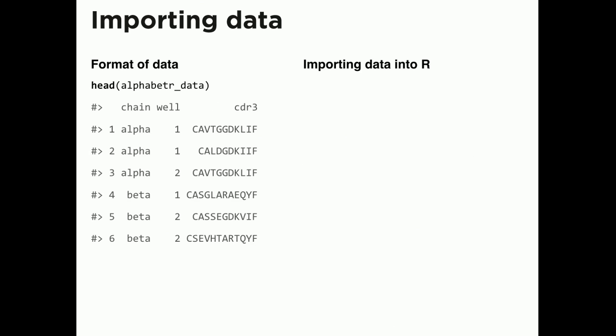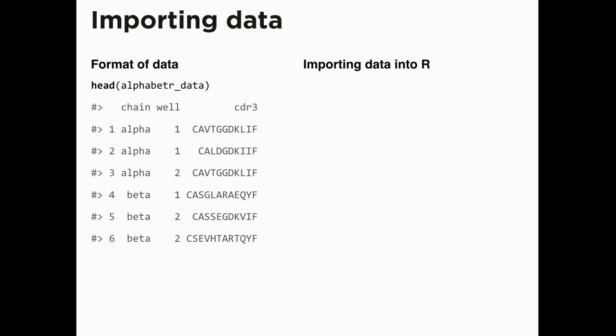So let's start with importing data. There are tools before this point that can do the aligning and figuring out the sequences. And so once you have that, you need to make a CSV or any delimited file in this format where every row is a sequence.